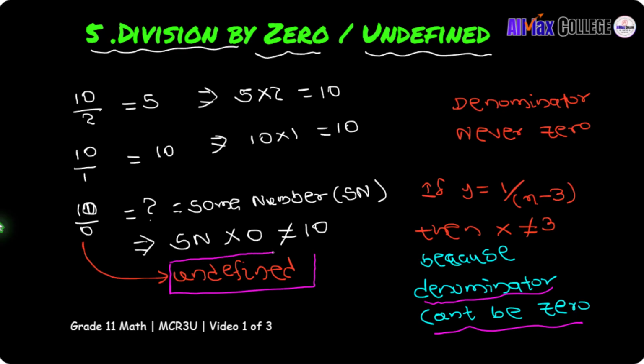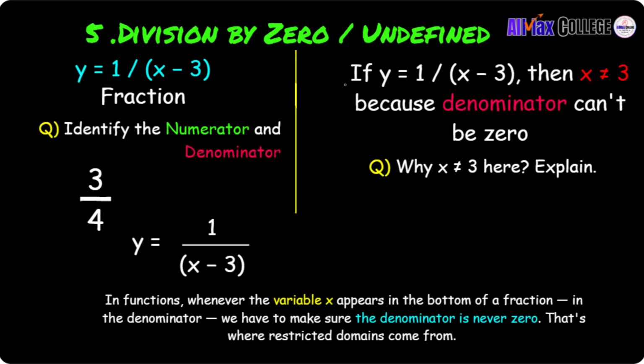What is undefined? Division by 0 is undefined. Let me explain this a little bit further. What I said is, if y equals 1 over x minus 3, then x is not equal to 3 because the denominator can't be 0. What is this denominator? We are talking about a denominator because this is a fraction.